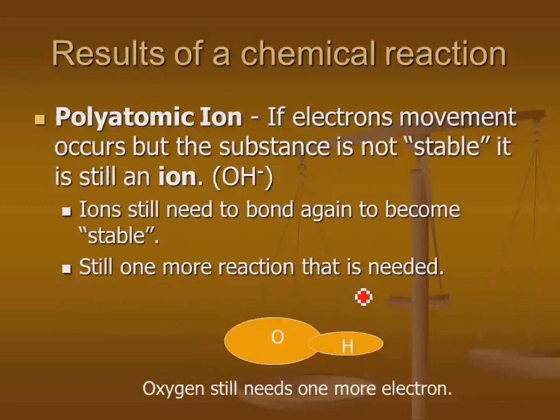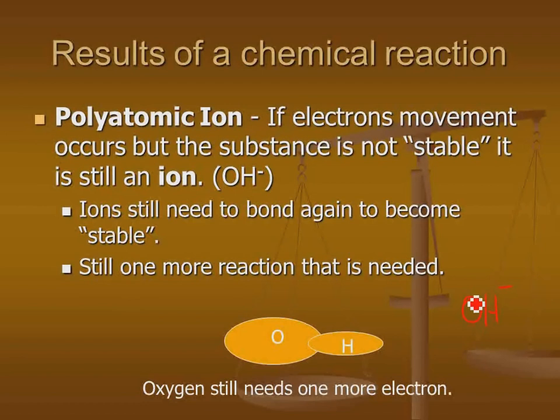The polyatomic ion, on the other hand, is still not stable because there's still another electron that is needed to become complete. So an example would be the hydroxide ion that is still looking for one additional electron.